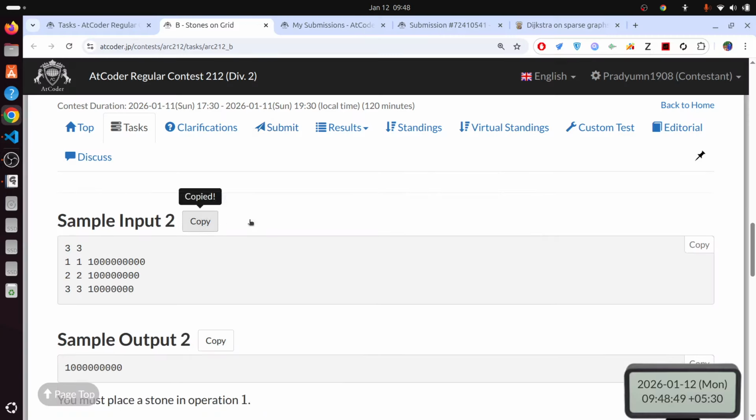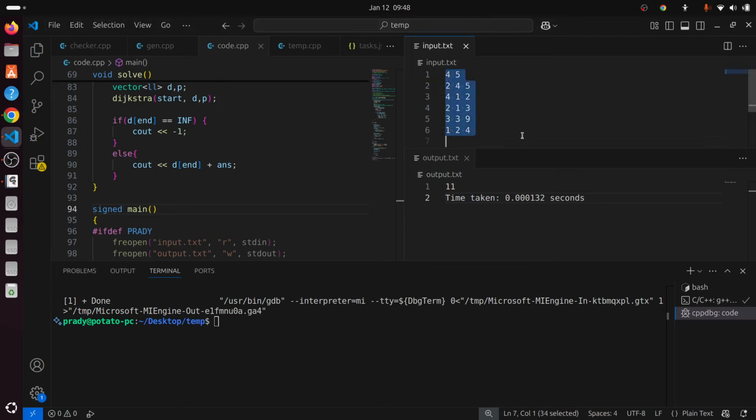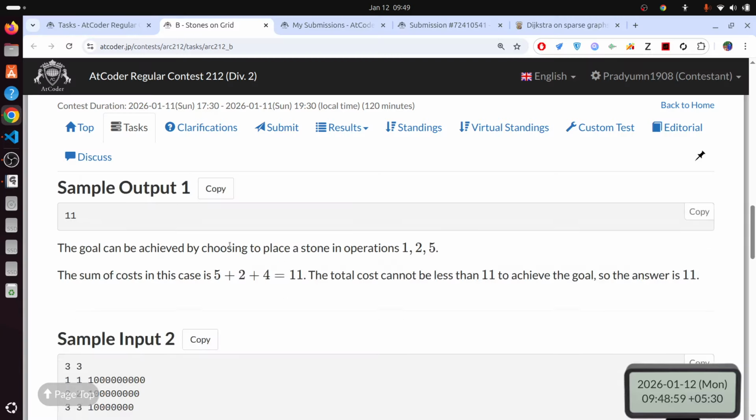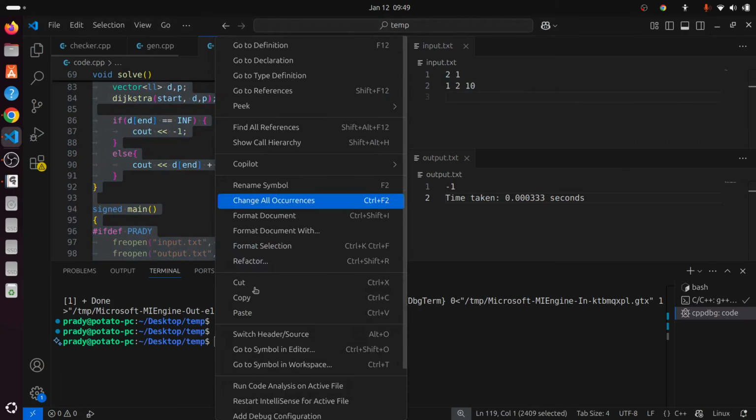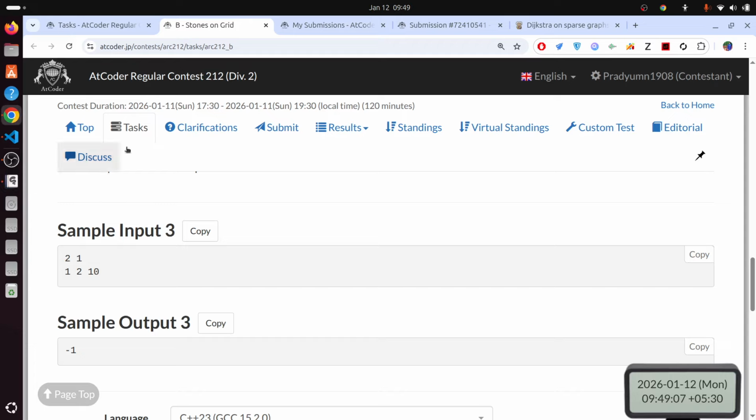Then I'll test it on this input also. Yeah, so this is the correct answer, and on this I should get -1. So -1 is coming. Okay, so I'll submit this in front of you guys.